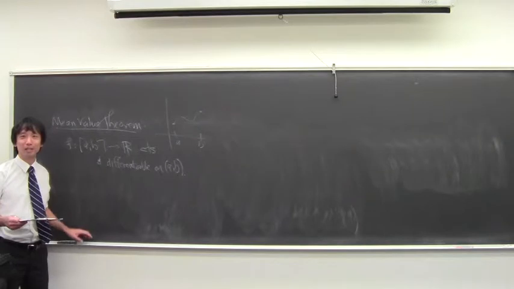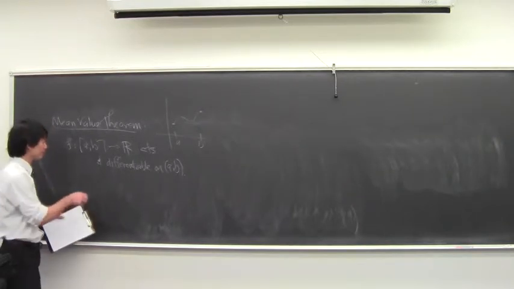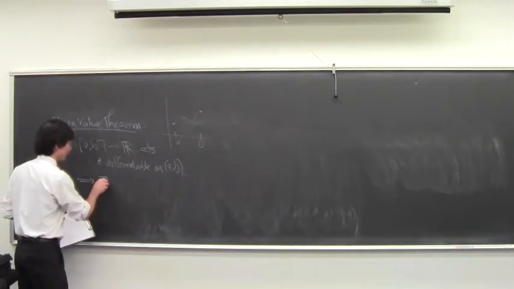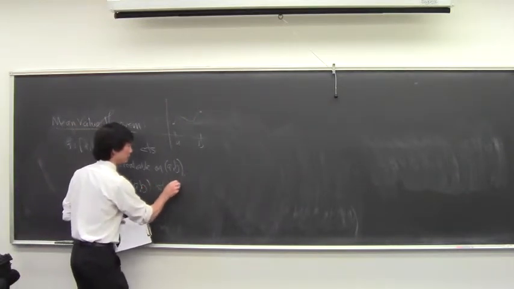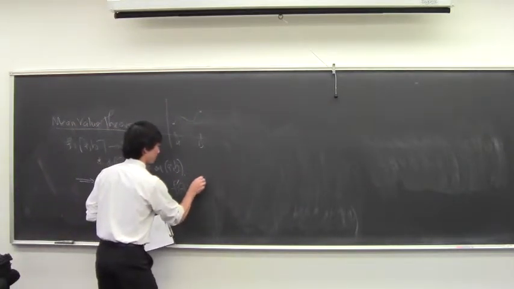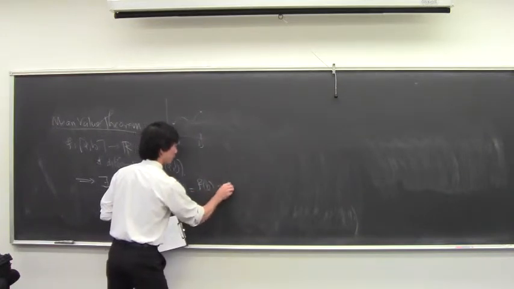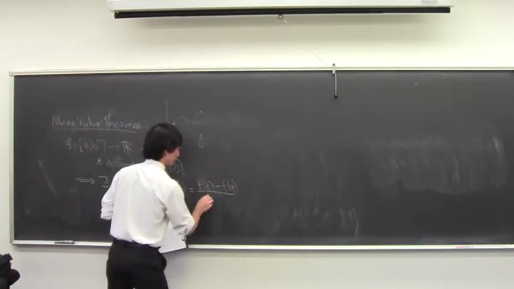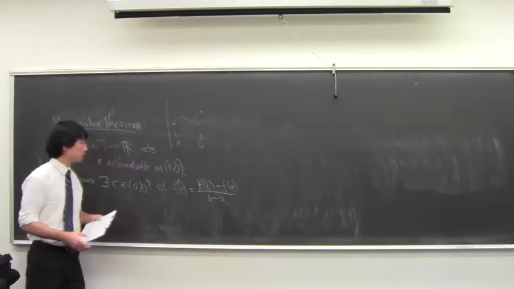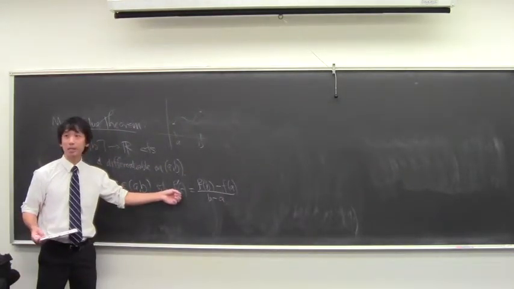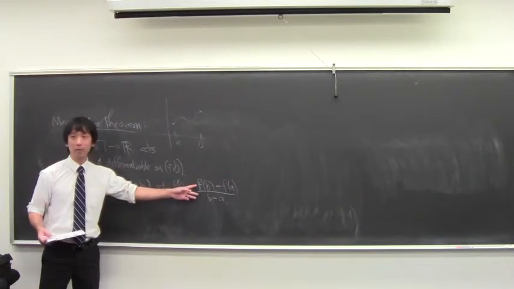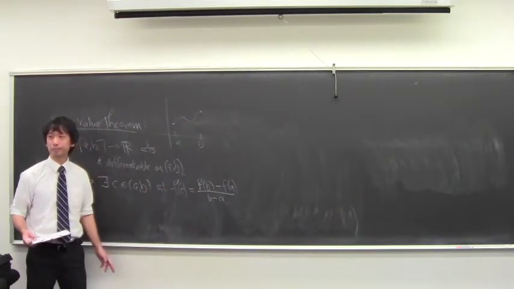There is a place c where f prime of c equals f of b minus f of a over b minus a. Right. So there's a place where the slope of the tangent line equals the slope of the line through the endpoints.